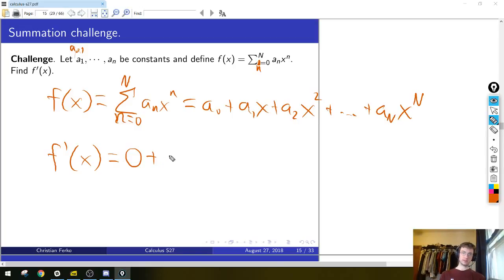Ah, right. Linearity. This is just a line with slope a1, so the derivative should be a1. Good. This guy is going to be plus a sub 2 times 2 times x. Yeah, so 2a2x, and then blah blah blah.